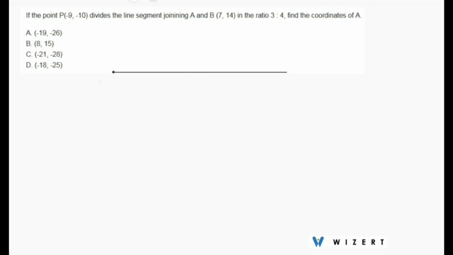So the formula for ratio says that this is one of the ends, A(x1, y1), and this is the other end B. B's coordinates are given as 7, 14, and we are given the point dividing this line as P(-9, -10).